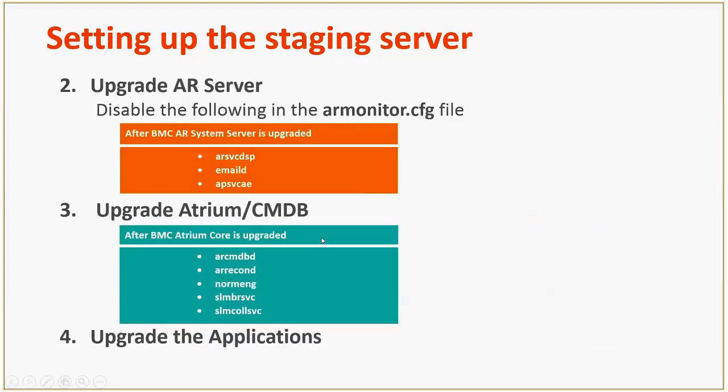As soon as you upgrade the AR server, you should also disable the AR server services. And then after upgrading AR, Atrium and CMDB, you need to make sure that CMDB processes, SLM and other processes are turned off. After you upgrade your applications, you should take a backup wherein you have restored your DB backup, performed the upgrade, and nothing else is running on the box.